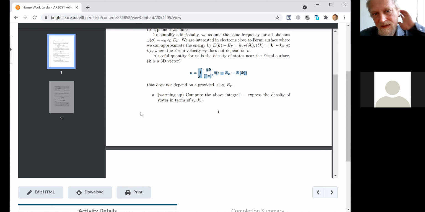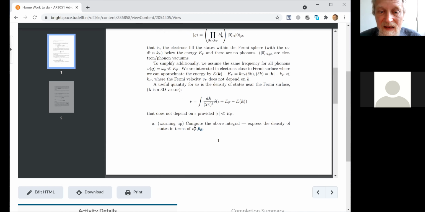You could do it purely mathematically, or you can recall what you have heard in solid state physics. Anyway, it is a computation of this integral. Good. So we have an expression for this nu in terms of parameters, in terms of kF and in terms of the Fermi velocity, the velocity at the Fermi level. So basically, we implement this formula.